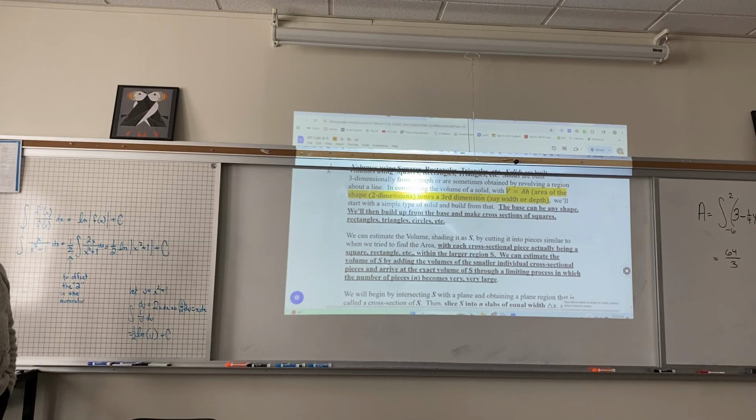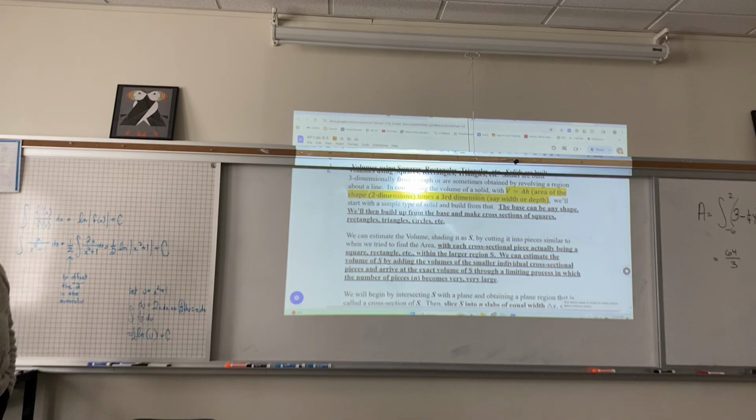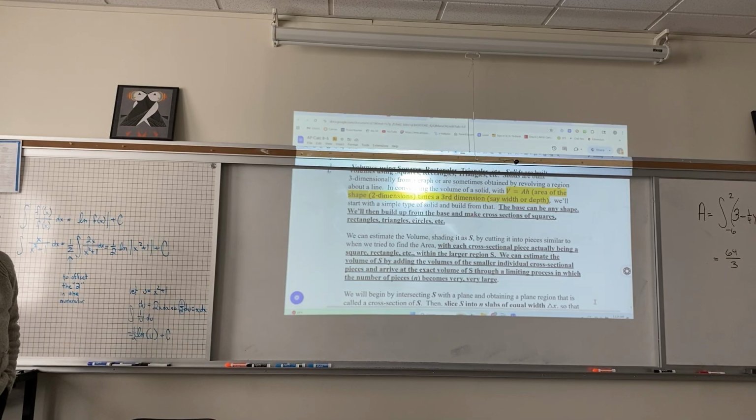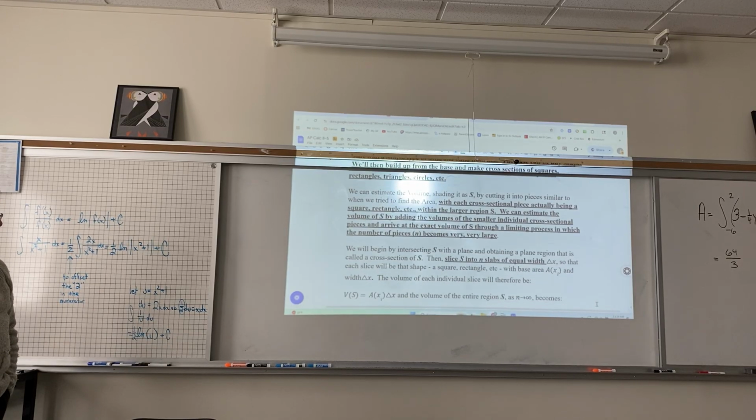And then we can estimate the volume of S by adding the volumes of all these smaller individual cross-sectional pieces, and we'll get the exact volume. Because as the number of these cross-sections approaches infinity, I should get the actual volume. But we're not going to really have to do that in pieces. What if I have 4 squares? What if I have 6 squares? Hey, I need more squares. Okay. We'll just skip all that and go right to the chase.